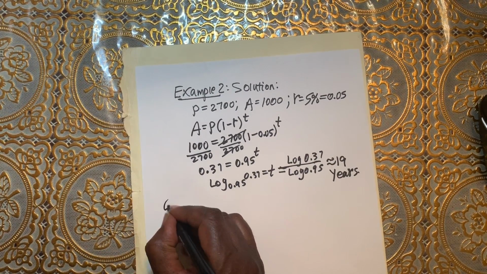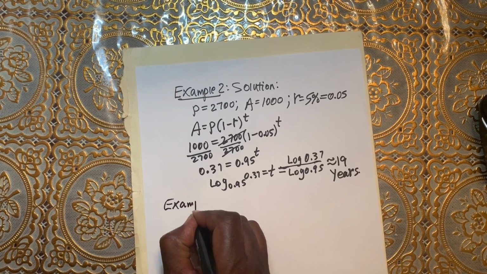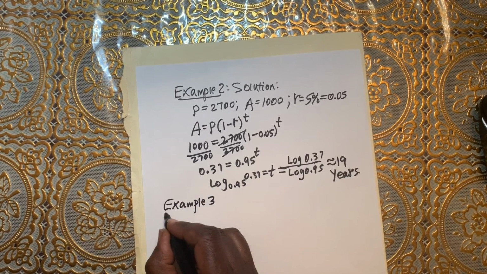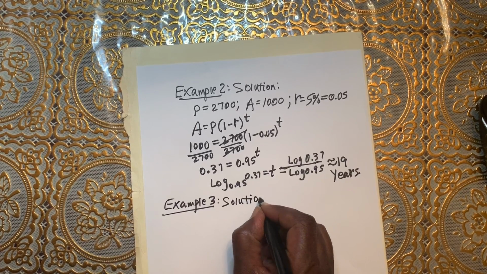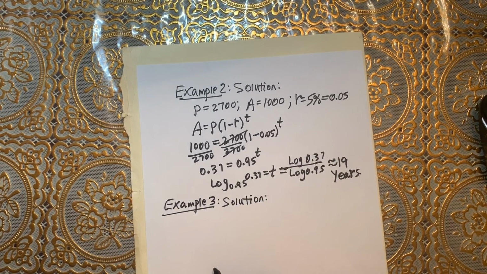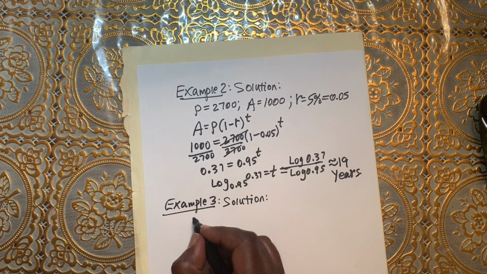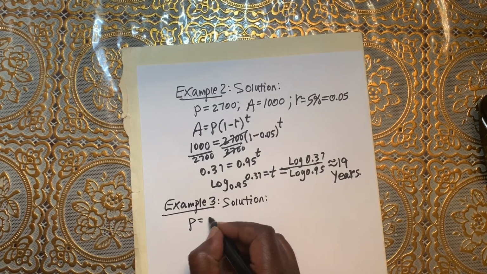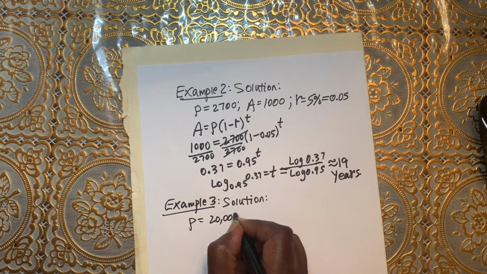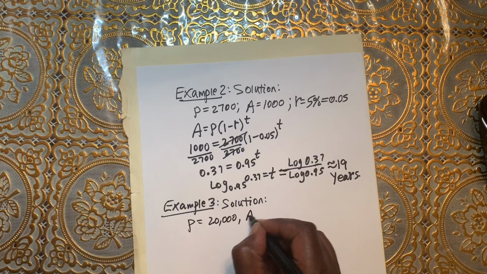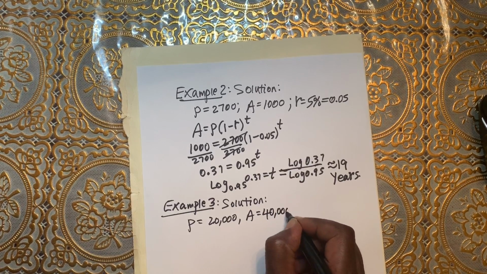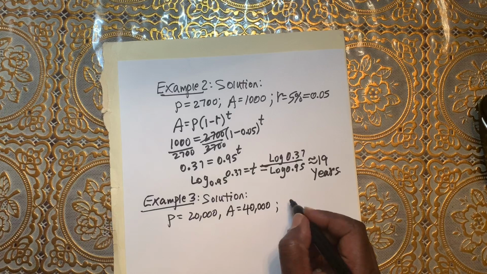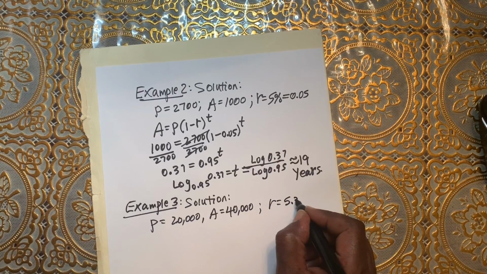Example 3. Solution. Okay, the original amount P was 20,000. The final amount we are looking for is 40,000 because it's doubling. The interest rate is 5.3%.